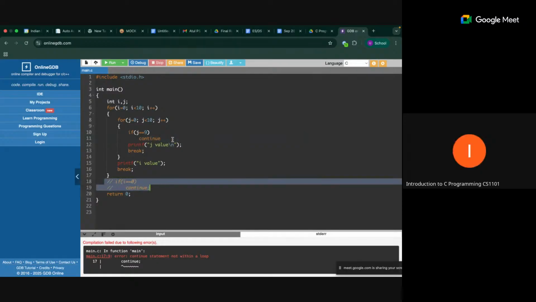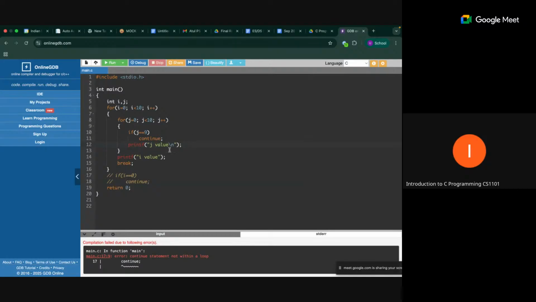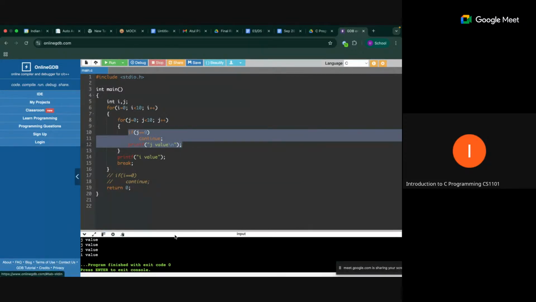Let's say I'm giving it like this. I have given continue and then some statement. So here what will happen is it will print from 0 to, let me just give the values here, that will be helpful. Can you see?